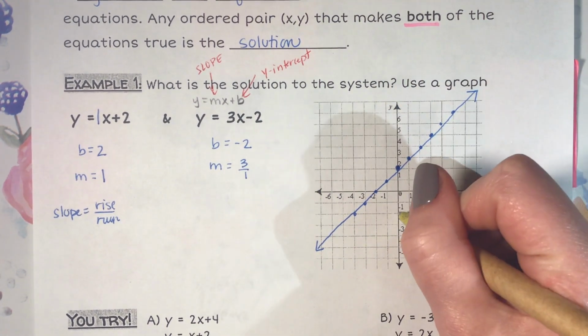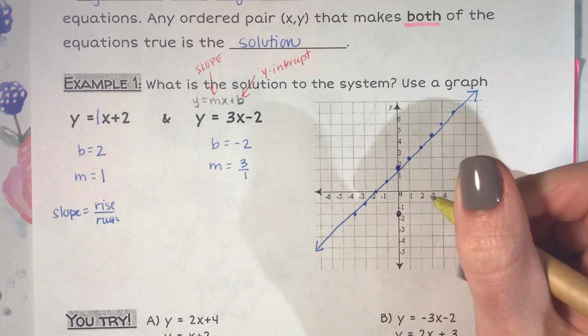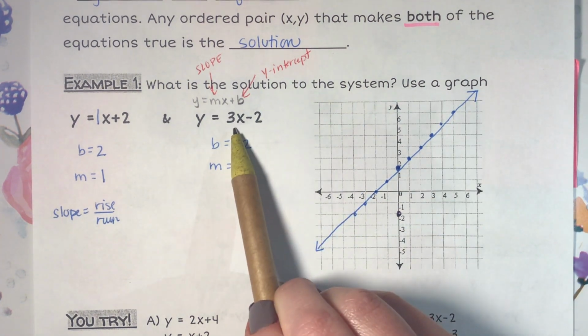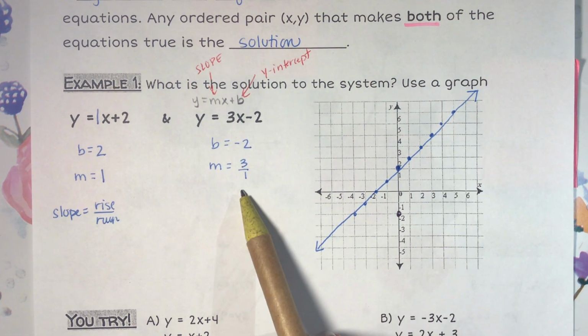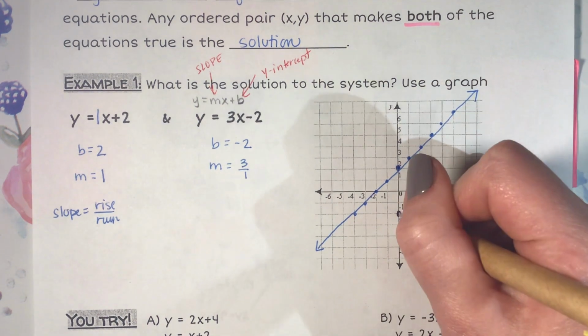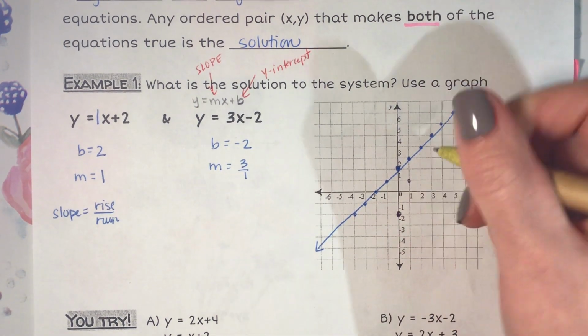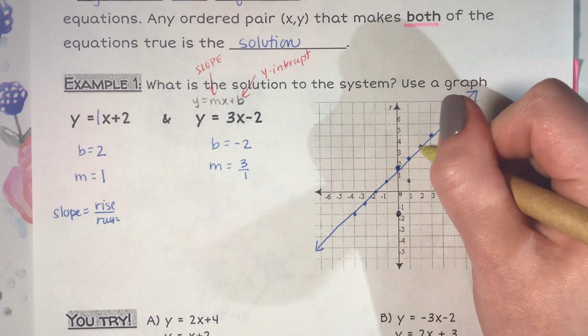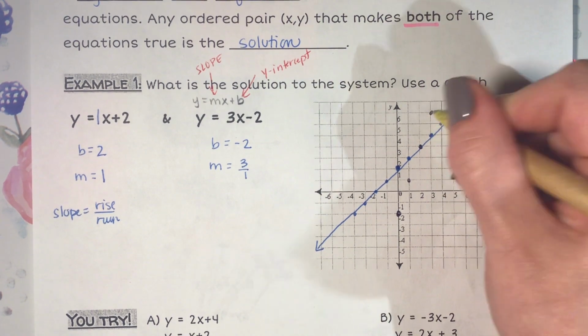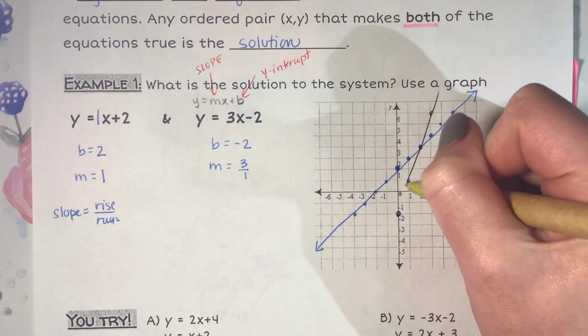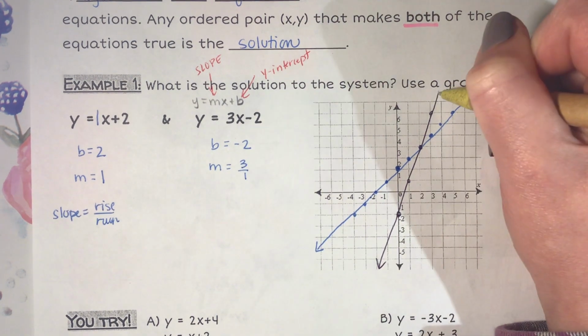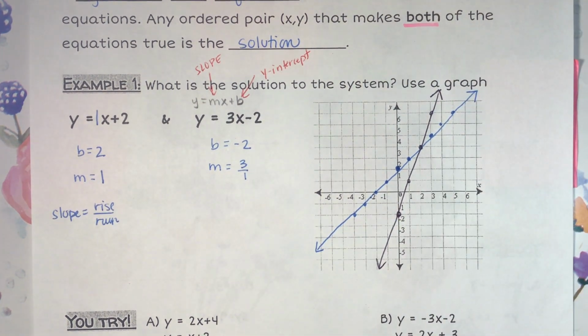So we're going to go down to negative 2 right here. And then it has a slope of 3, which is rise over run, so that means up 3 over 1. So up 3 over 1, up 3 over 1, up 3 over 1. So there is my second line.